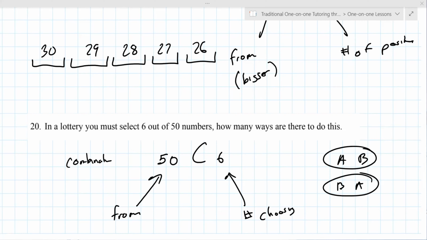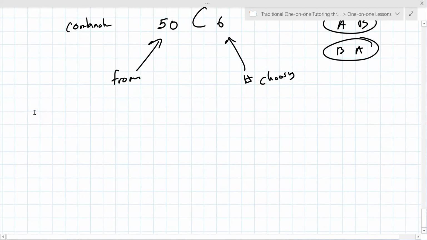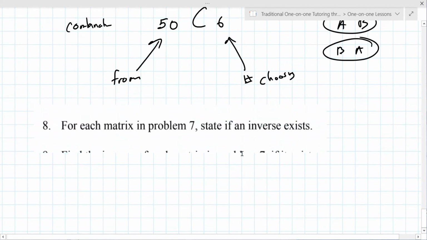So for number 8, it says for each matrix in problem 7, state if the inverse exists. If I just plug those into my calculator, would I be able to figure that out? Yes, but you have to know what to look for. So let me snip this in and give you what you're looking for. There is a shortcut, but we'll go with this.